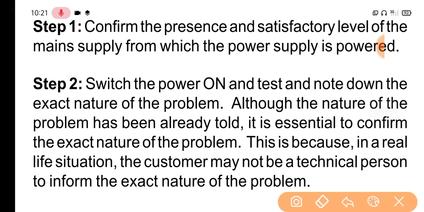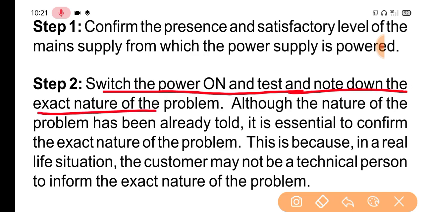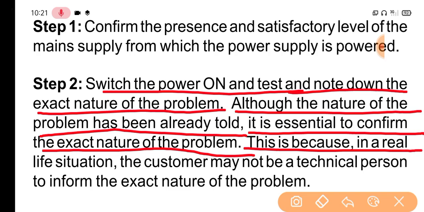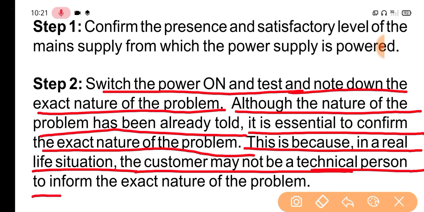Step 2. Switch the power on and test and note down the exact nature of the problem. Although the nature of the problem has already been told, it is essential to confirm the exact nature of the problem. This is because in a real life situation, the customer may not be a technical person and may not have informed the exact nature of the problem.